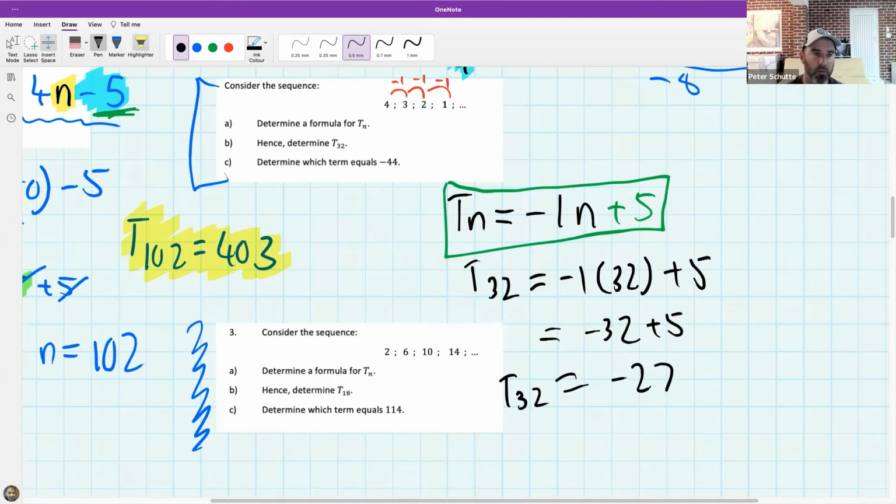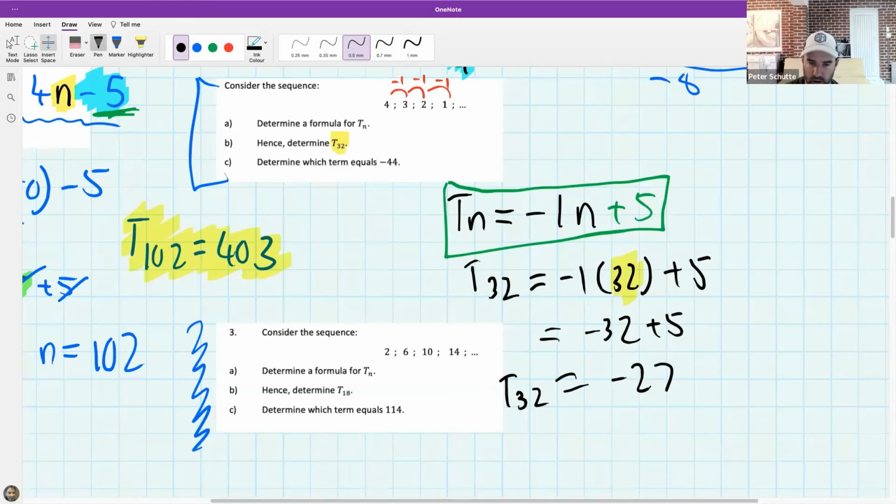I'll just take a moment to show you how I got that. I used my formula and I put a 32 in because I needed a T32. The only tricky bit is when I go -32 plus 5, and then I get my -27. So take a moment to look at how I did that.